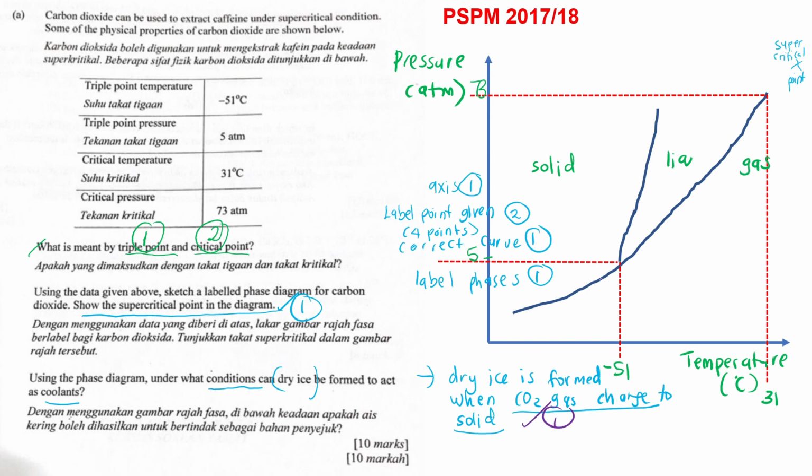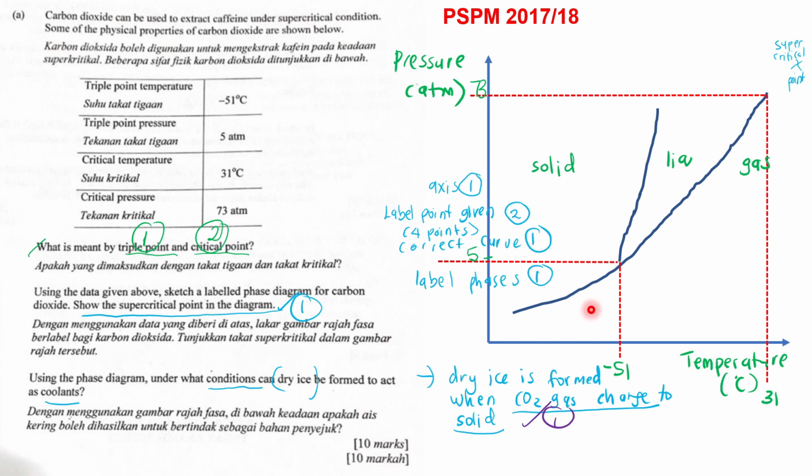We need to show where the condition is. This is the region for gas, and here is solid. For gas to change to solid without going through liquid, this must happen below the triple point, meaning under 5 atm and below negative 51 degrees Celsius.